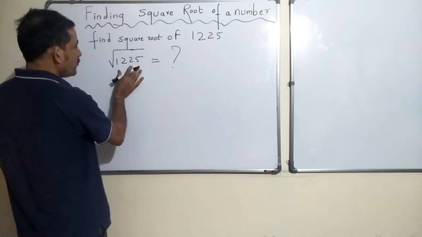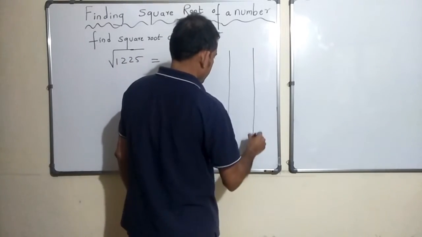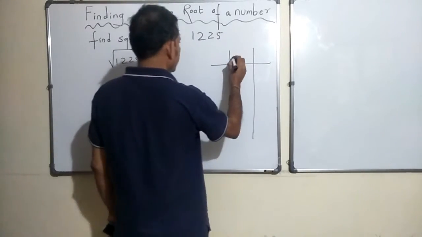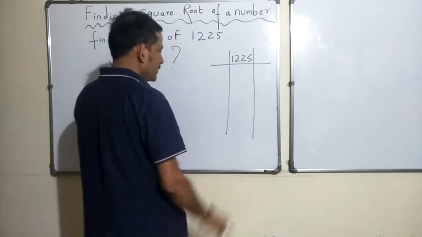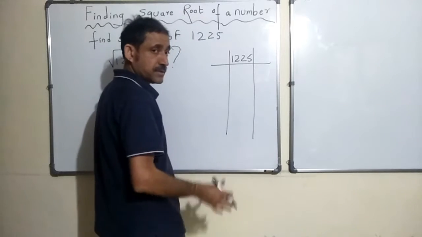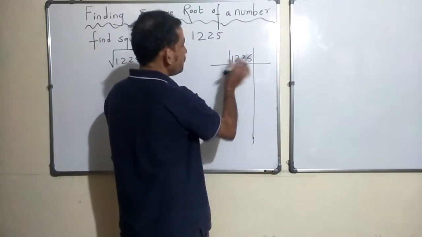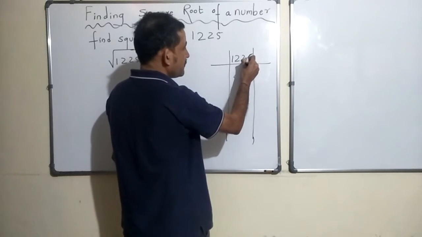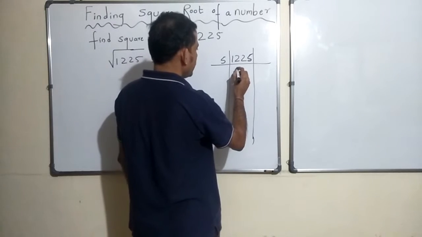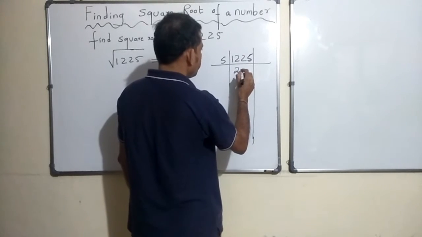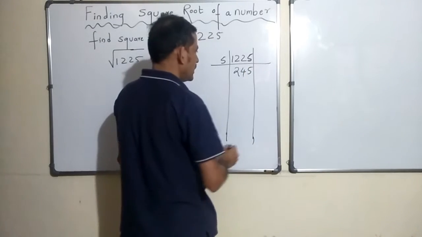So for 1225, let's find out the prime factors. We were doing this in HCF and LCM, so you must have already studied this when you watched my video on HCF and LCM. So let's start. This ends with 5, so let me divide by 5. 5 2s are 10, 5 4s are 20, is that correct?